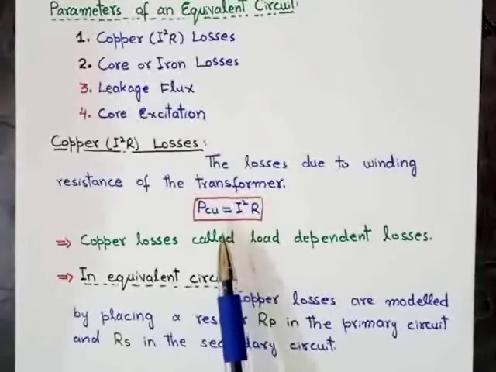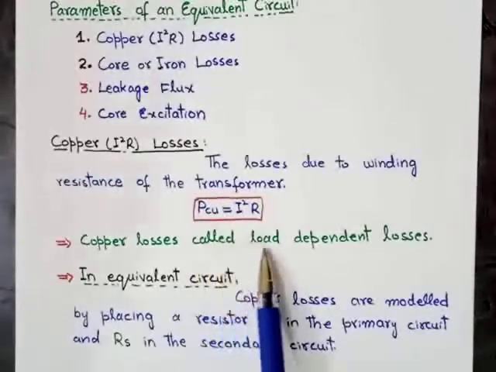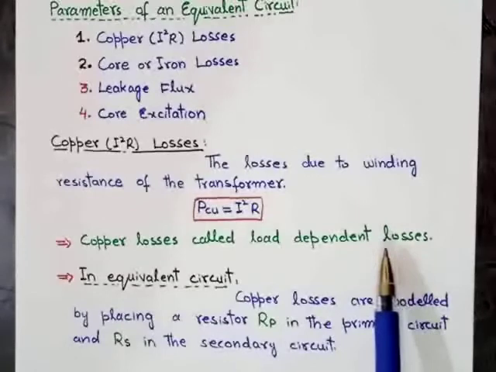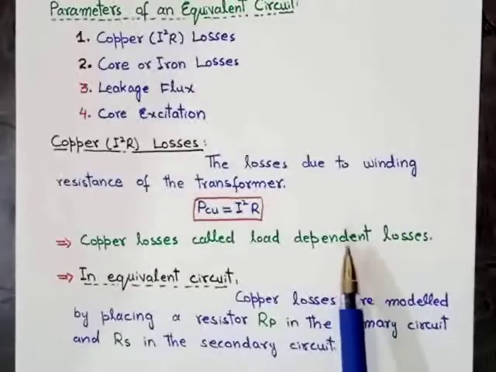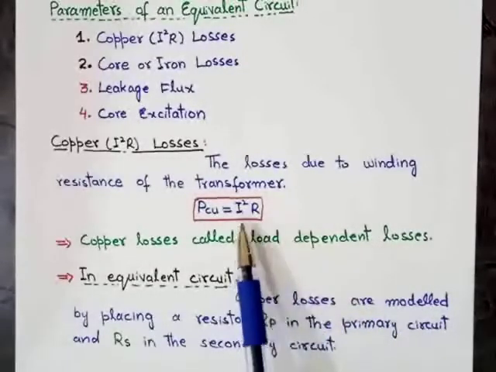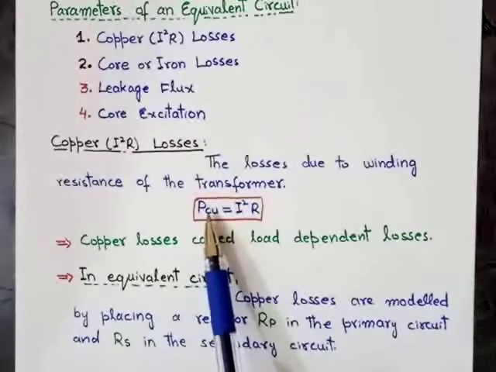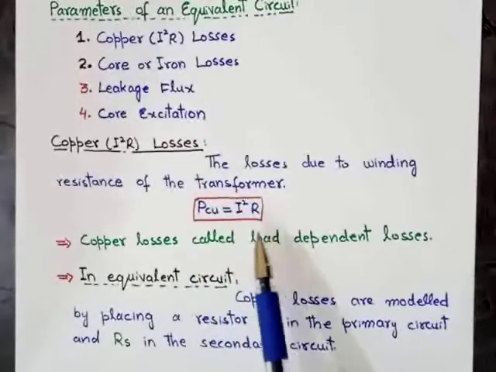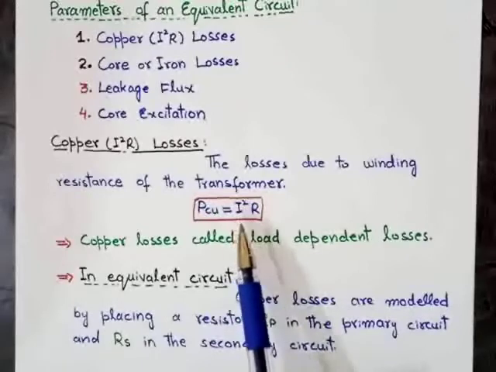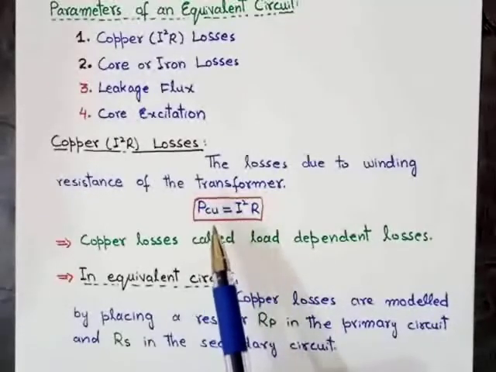That's why copper losses are called load dependent losses. It means when we change the load, the value of the current will change, and when the value of the current changes, the value of the copper losses will change as well. When the load increases, the current will increase, and then the copper losses will increase as well.